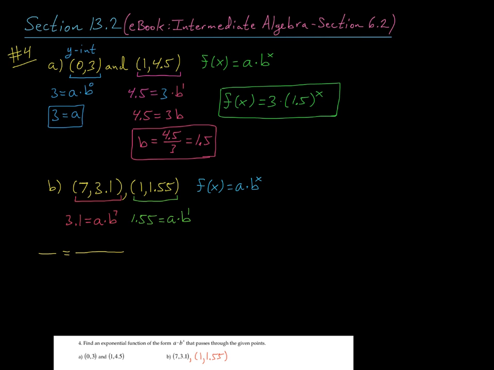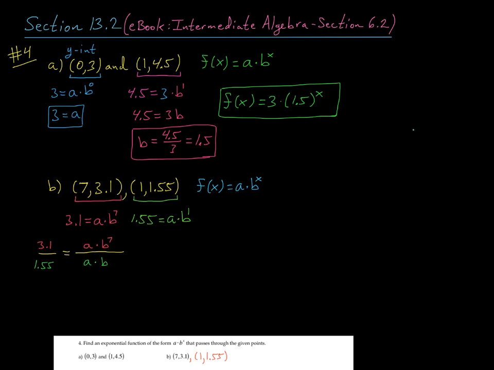The idea is, just take what I see from that first equation, 3.1, and then a times b to the 7th over here. So the first equation is playing the role of the numerators on each side. And then for the second equation, I'm going to put the 1.55 there, and the a times b to the first, and that's just b, so I'll write it as just a times b.